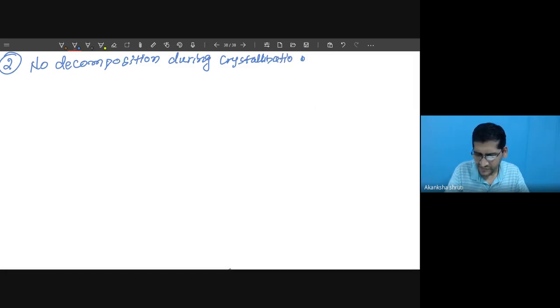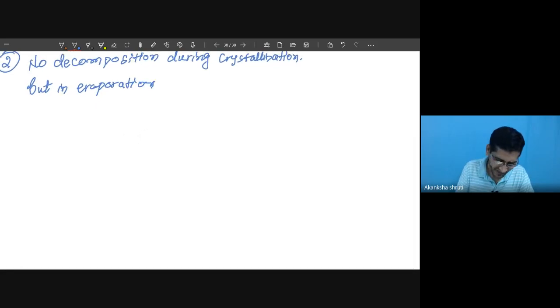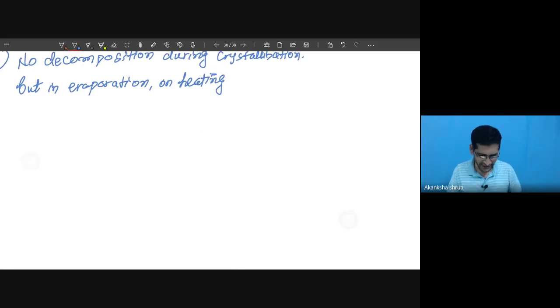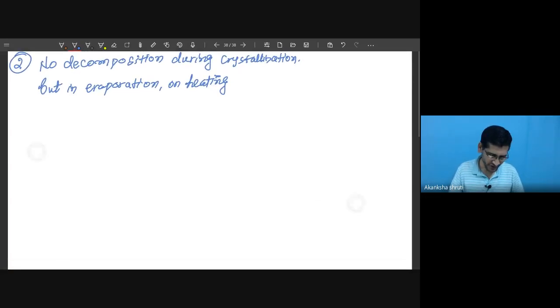But in the case of evaporation, there is a possibility of decomposition and shedding. On heating, there is a possibility that the material will get decomposed.